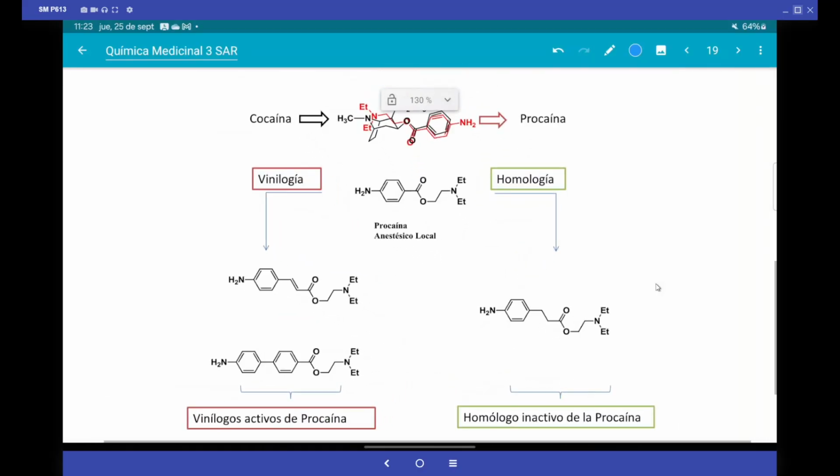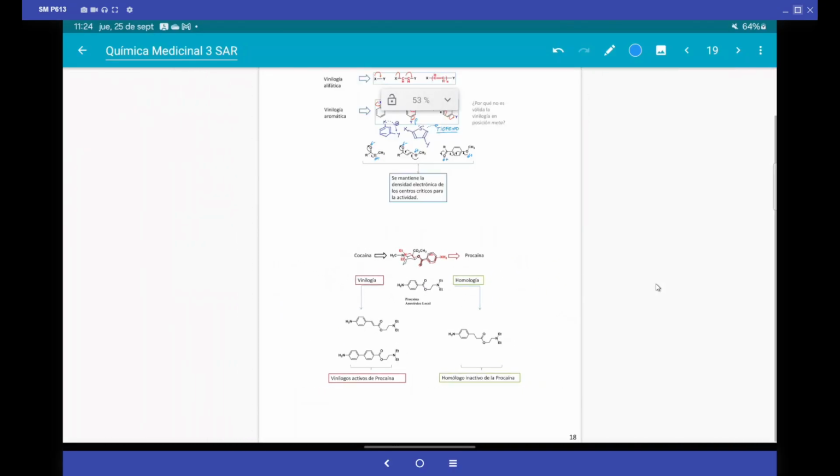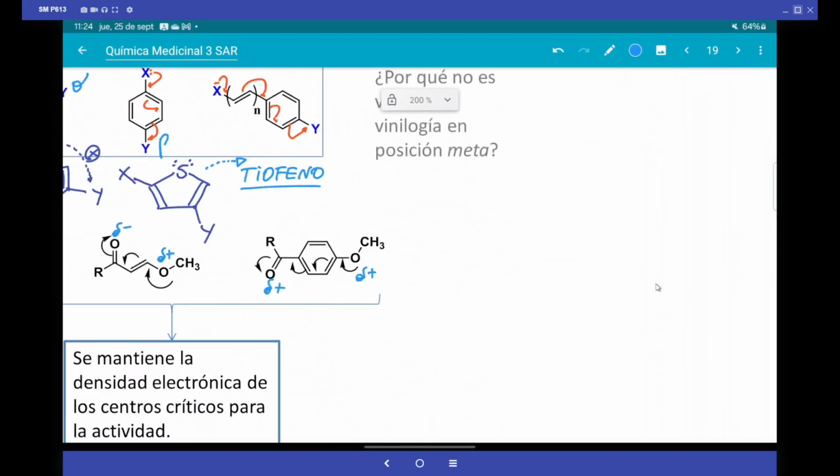For example, if you had a different ring, we would have this. Because we place a group here, and here and there. We cannot use this position. It is occupied, I have one here, and here.